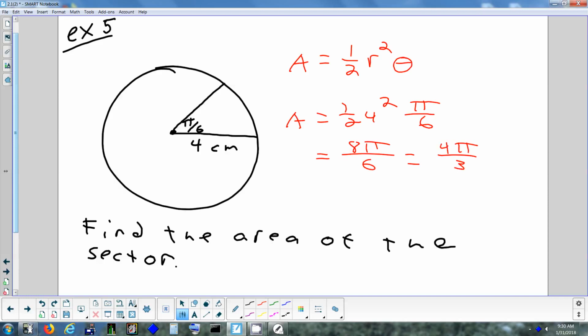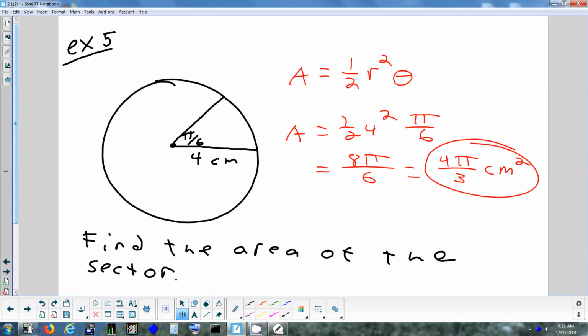Looking at the units we have, how would area be measured in this problem? Centimeters squared. Yes. So 4 pi over 3 centimeters squared. Okay. Any question on the type where I give you the radius and the angle, you tell me the area?